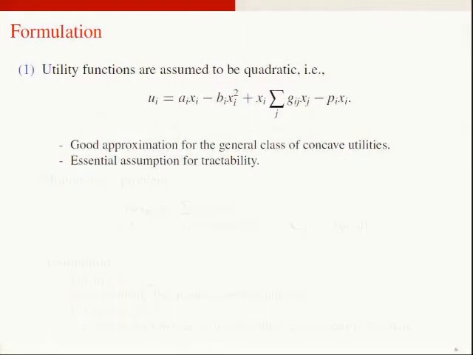Okay, so to make things concrete, this is the utility function we are working with. So the first two terms represent the utility I derive from consuming x_i amount of the resource. The third term describes the utility from the network.